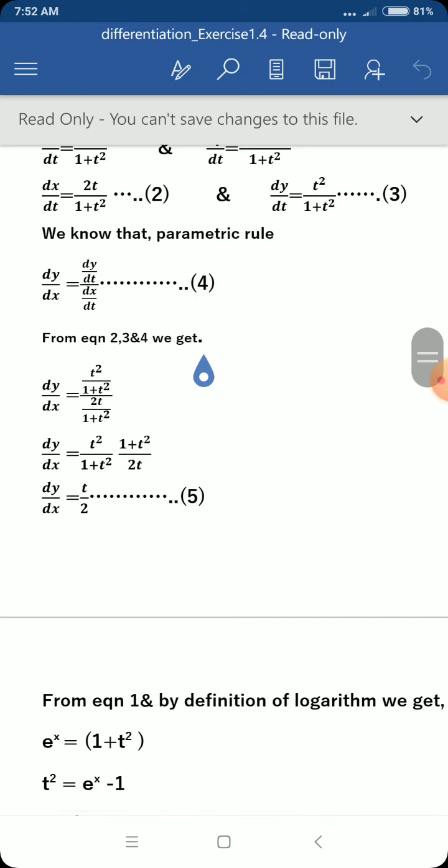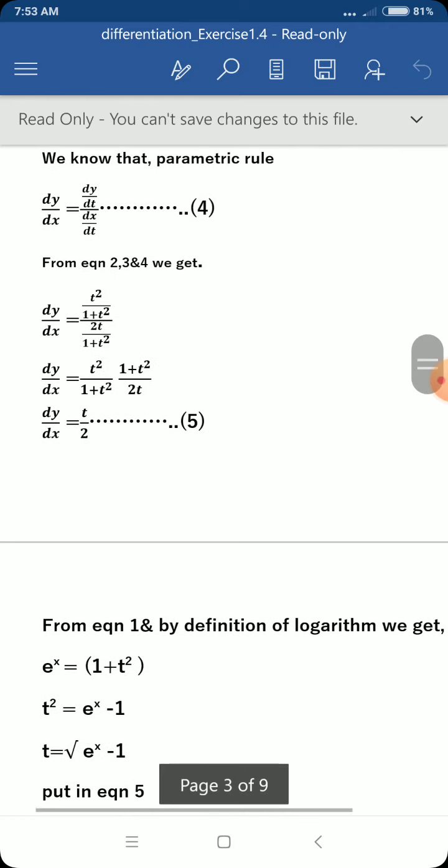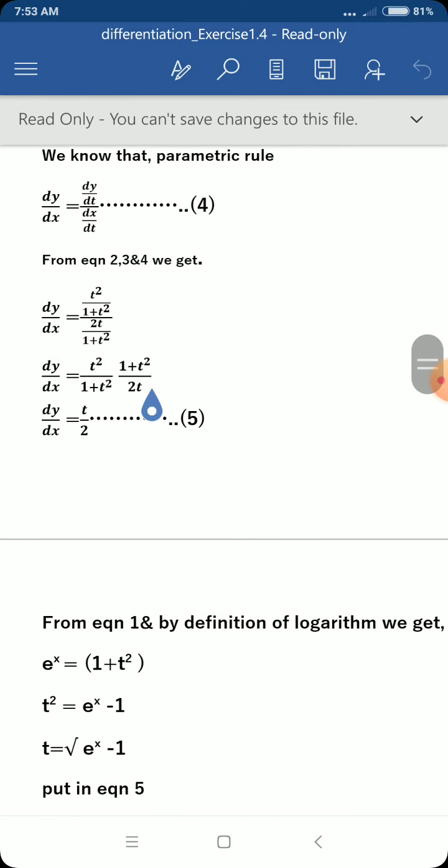Now take reciprocal of denominator term. Therefore, dy by dx is equal to t square upon 1 plus t square into 1 plus t square upon 2t. Here 1 plus t square upon 1 plus t square cancel. t square upon t, t cancel.